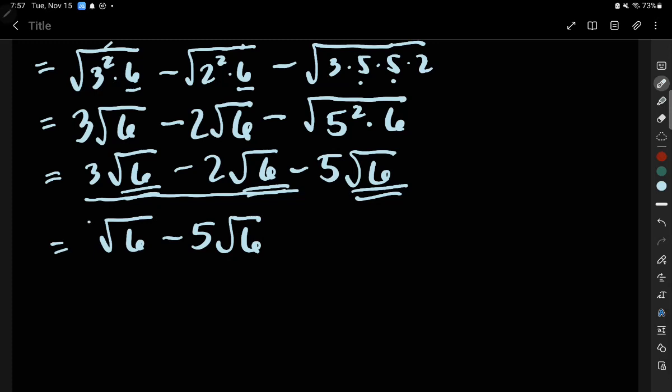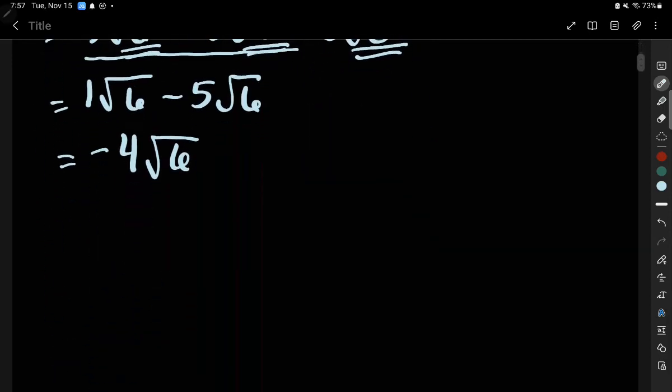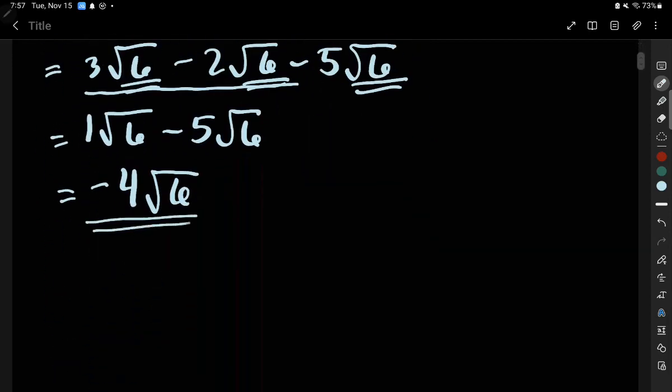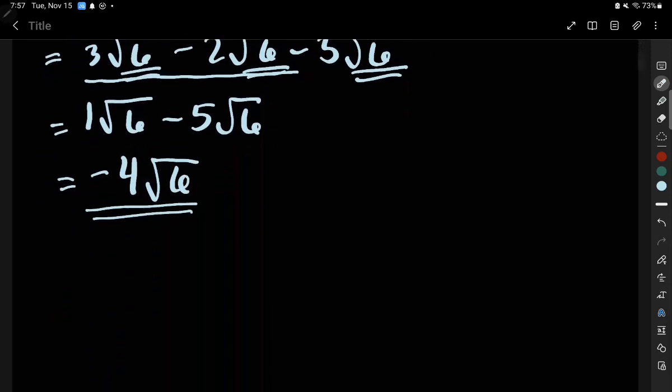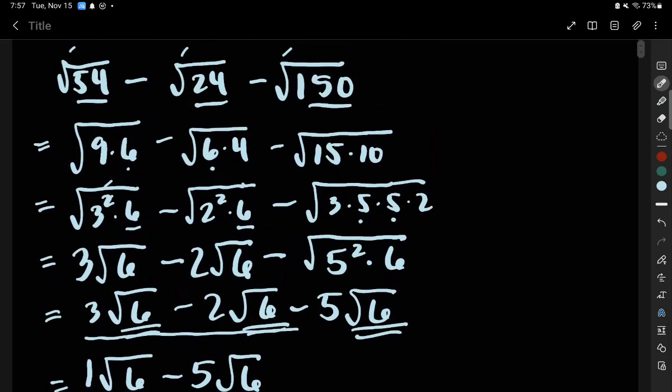If there's no number here, it means 1. So 1 minus 5 is negative 4, and then copy the radicals. So that is the simplified form: negative 4 square root of 6. So that is number 1.